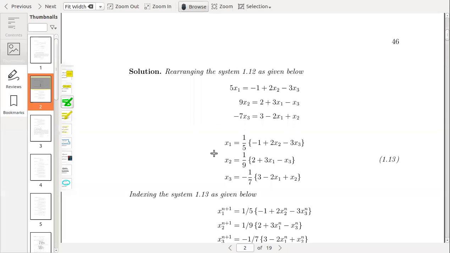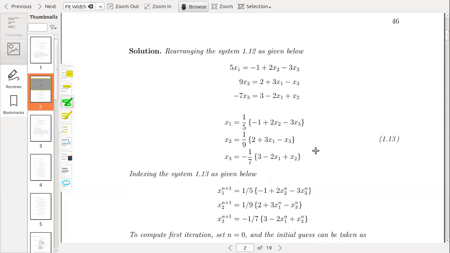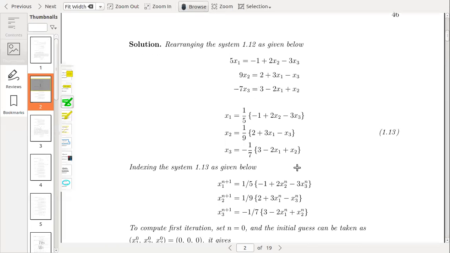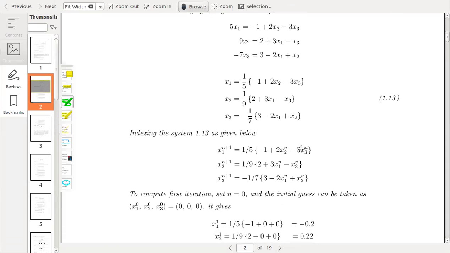So x1 = 1/5 (-1 + 2x2 - 3x3), x2 = 1/9 (2 + 3x1 - x3), and x3 = -1/7 (3 - 2x1 + x2).